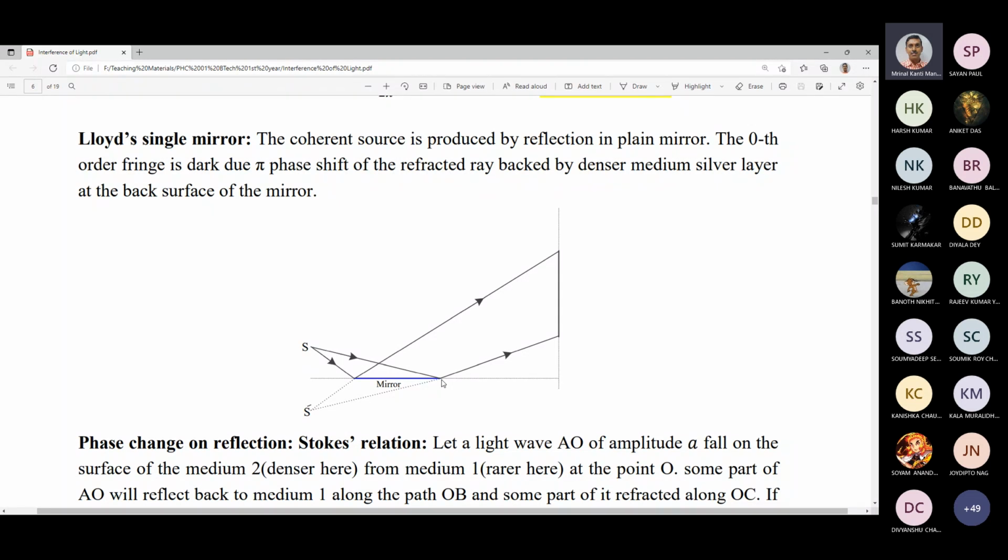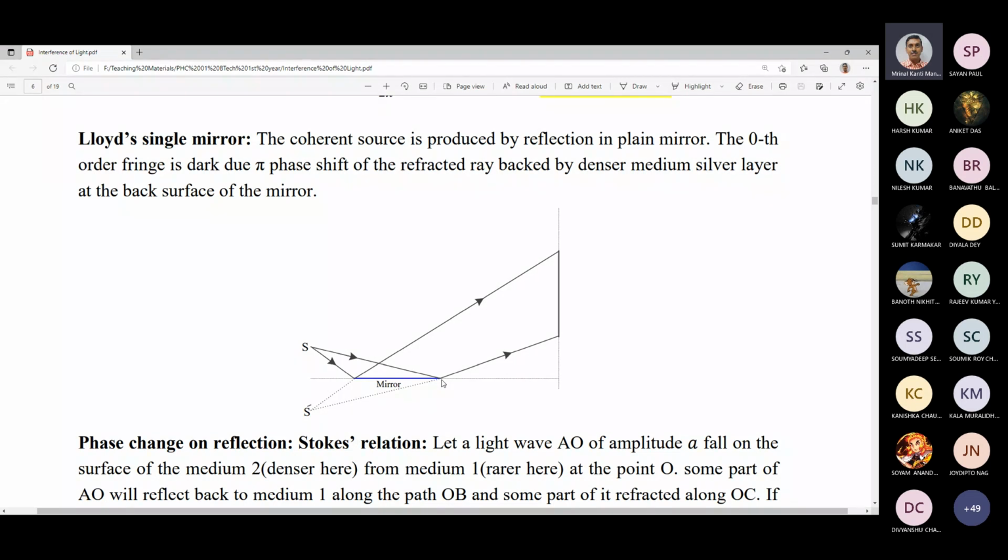So what is happening? Actually, at the point of contact, the reflected beam undergoes an abrupt phase shift of pi, which is equivalent to a path difference of lambda by 2, right? That is why we observe the dark fringe at the position of contact.